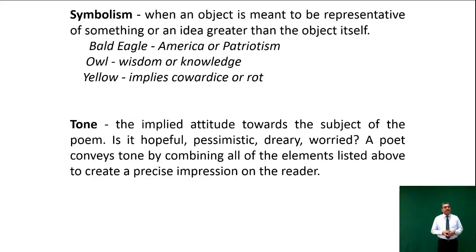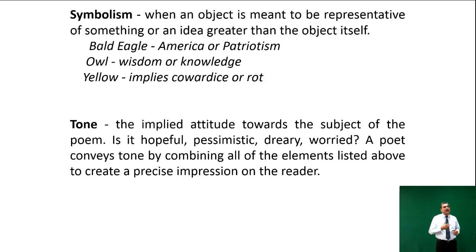Another important thing is symbolism. Symbolism is a matter of giving an object a meaning just to be representative of something or an idea greater than the object itself. For example, the bald eagle. It's a symbol of what?